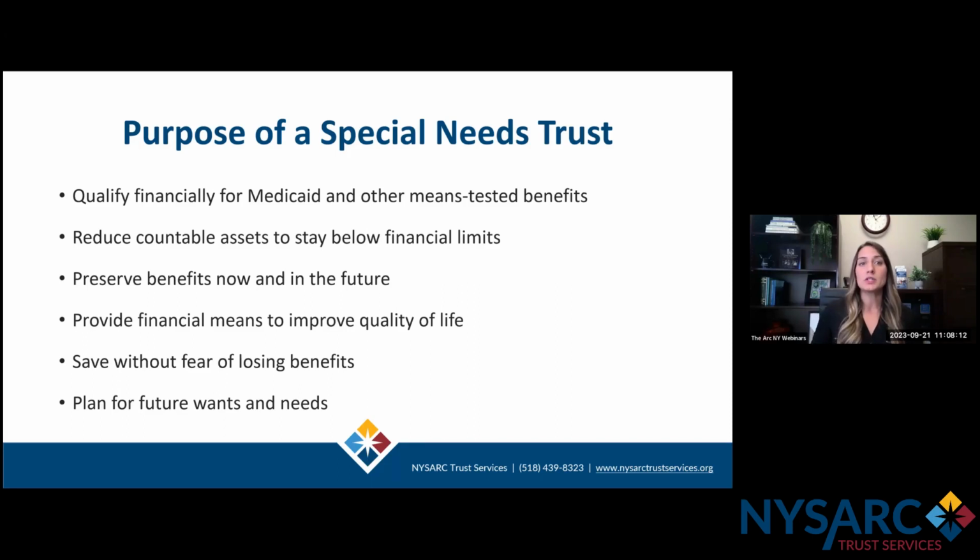So in many ways, special needs trusts not only preserve benefits for the future, but also in the here and now to make sure that people can keep the services that are so vital to their ability to live independently. And this tool provides a vehicle to allow someone to have more money available to them.